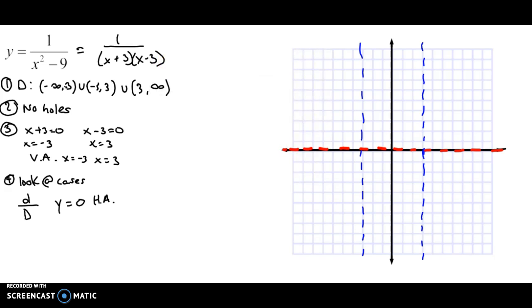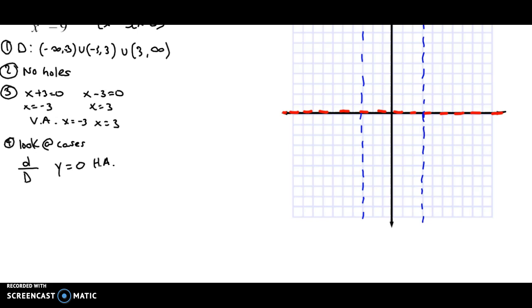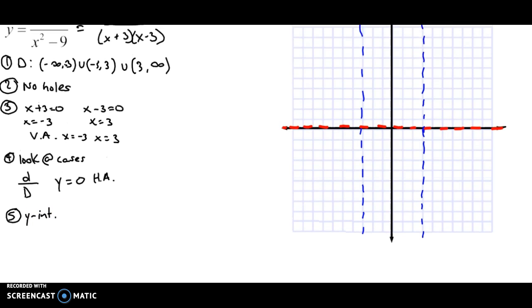All right, so the next one is step 5. Step 5 tells us to find our y-intercept. So in order to find your y-intercept, we let x equal 0 and solve for y.